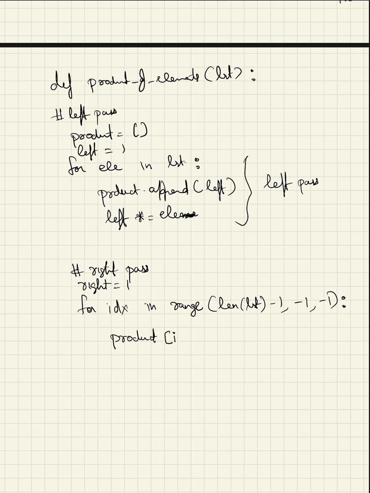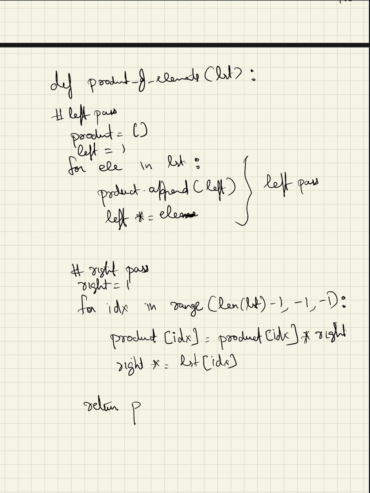Product of idx is equal to product of idx times right, and we are going to update right as right times list of idx. And finally we just return the product.